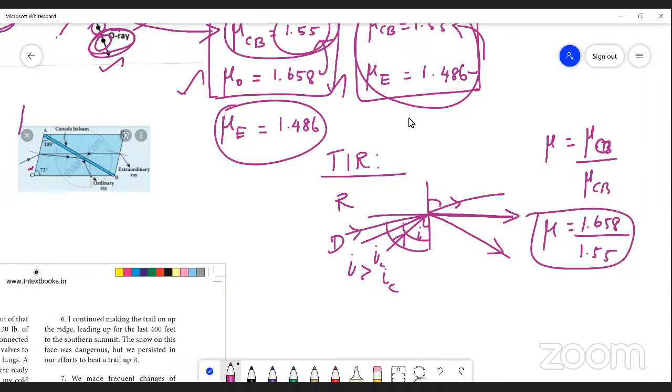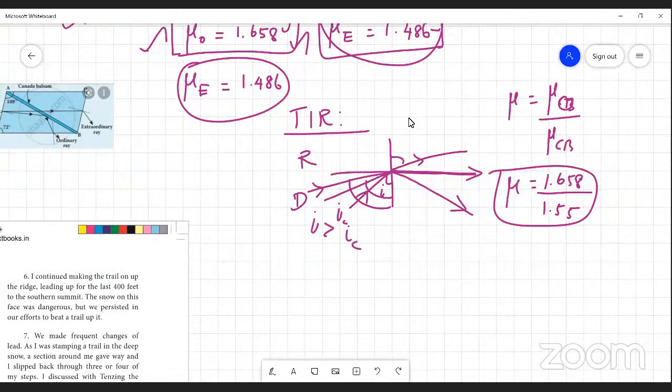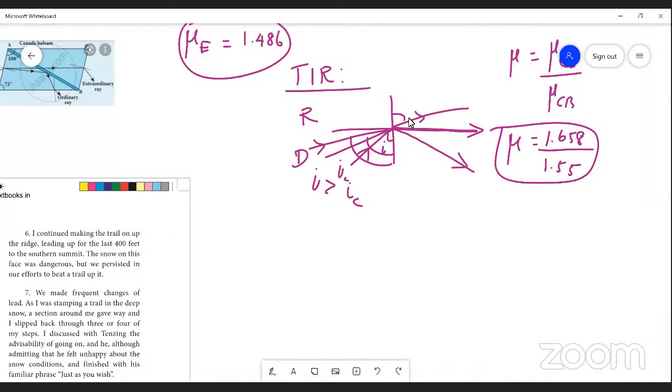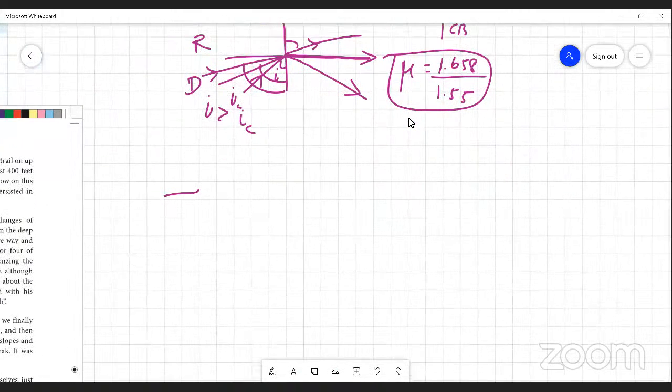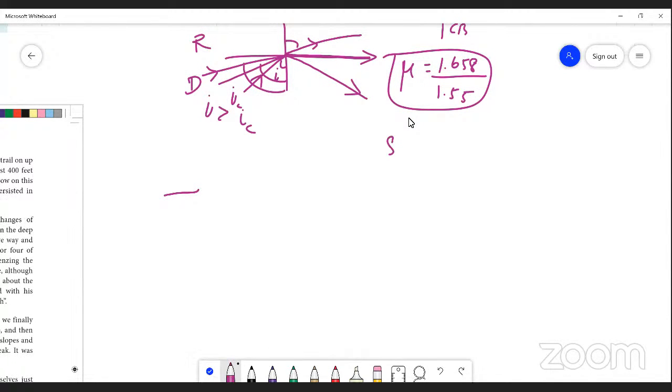According to Brewster's law, you know well, polarization by reflection. Sin C is equal to 1 by mu. Am I right? Yes, sir. Sin C is equal to 1 divided by mu.